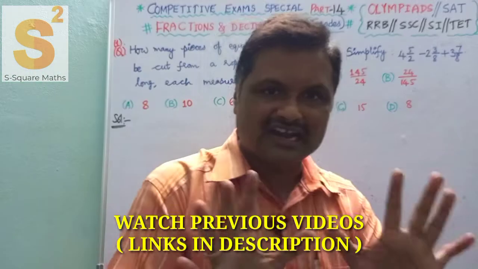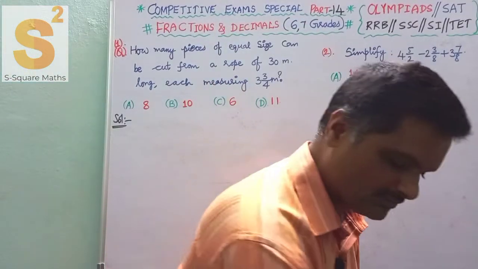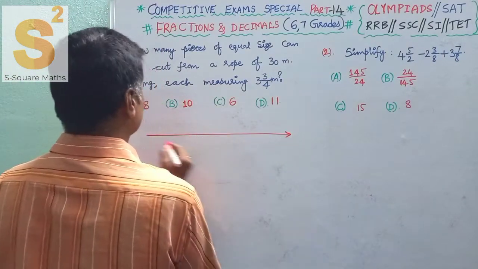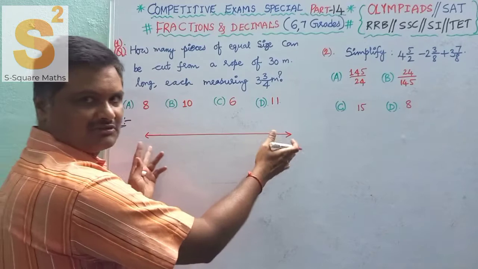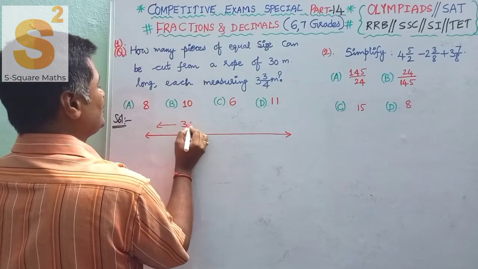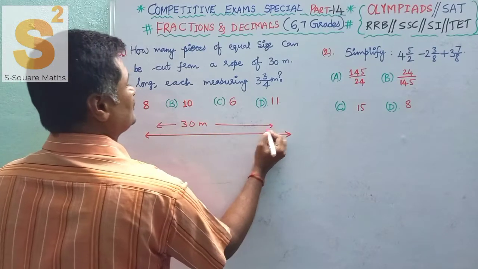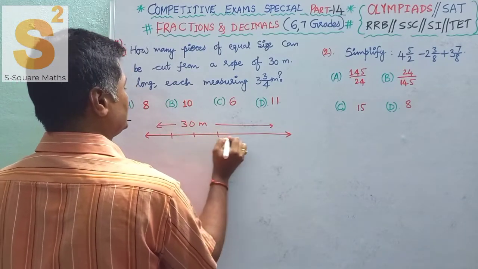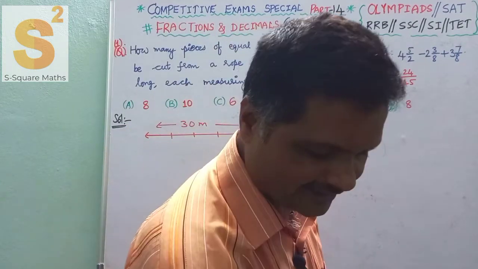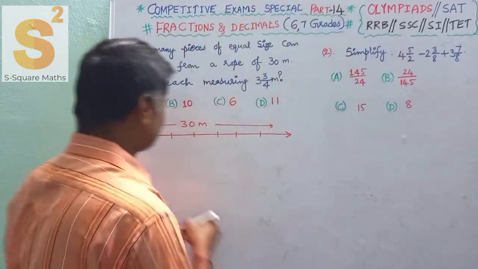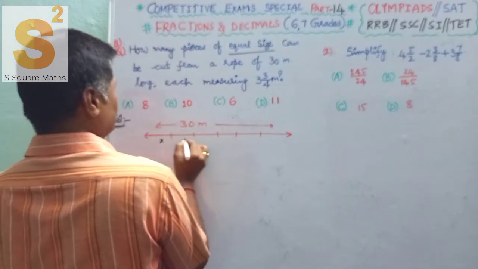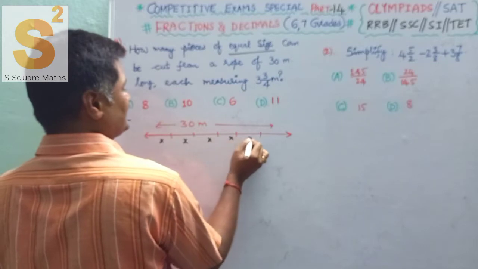So for your understanding's sake, I am going to draw a diagram. See here, the diagram follows. So there is a rope, let us suppose, of 30 meters long. They said equal sizes, 1, 2, 3, 4, whatever it may be. We don't know that number of equal sizes. Let us mark each size as x, so x, x, x, x, whatever it may be.